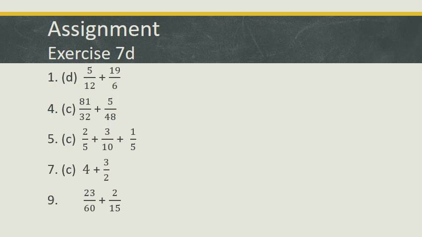Children, you can do these sums by either of the two methods which you have learned in exercise 7D for doing the addition of unlike fractions. But I would prefer to do the addition of unlike fractions by the first method, that is by changing the unlike fractions to like fractions and then adding, because that is the easier method.